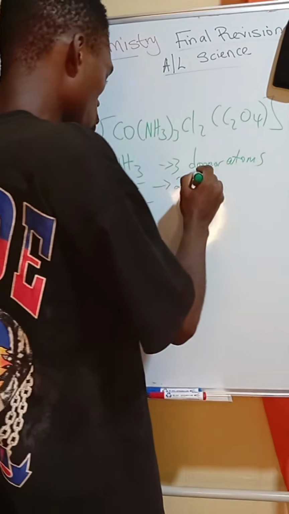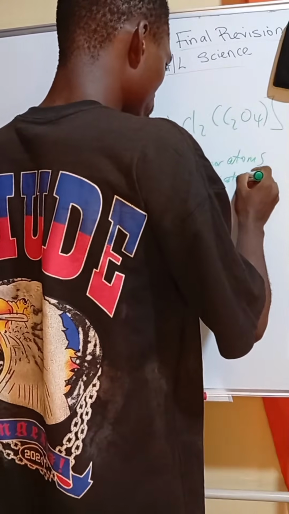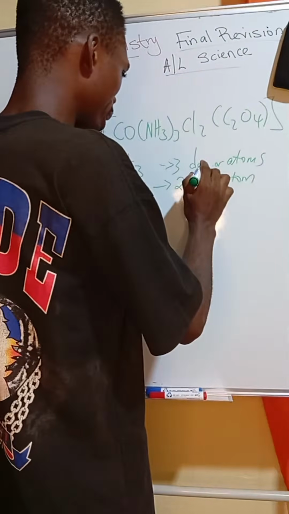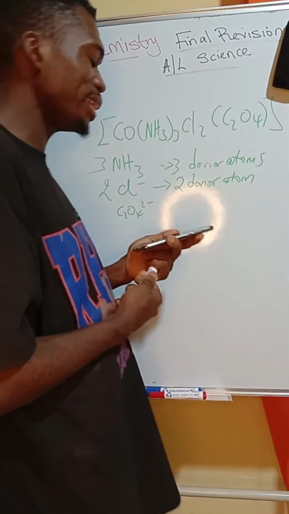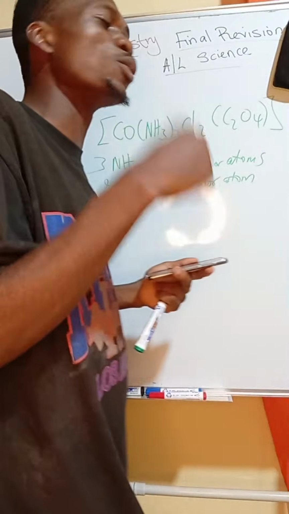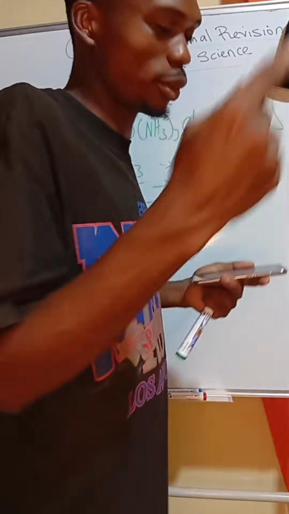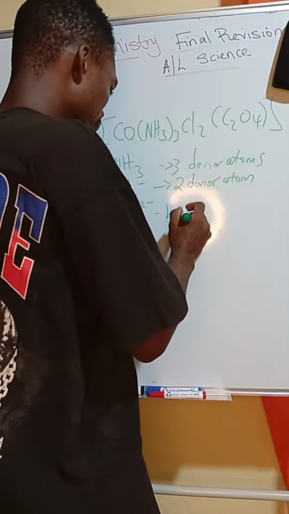So we have 2 donor atoms here. Then oxalato is a bidentate ligand. What do we mean by bidentate ligand? It is also a 2 donor atom ligand. So oxalato is a bidentate.